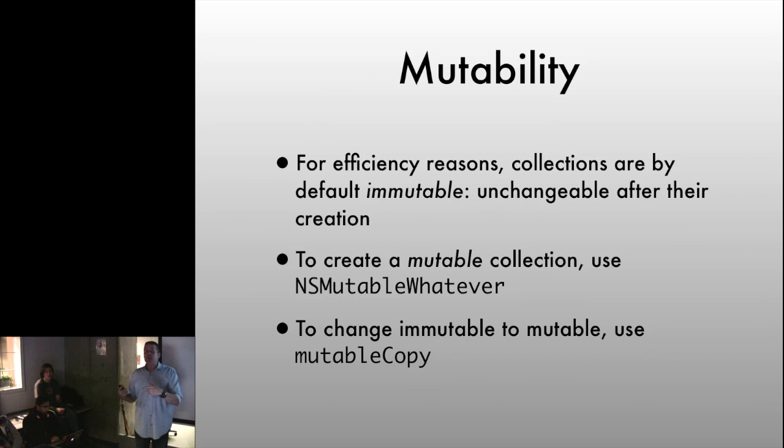You can, quote unquote, convert an immutable collection into a mutable collection by using mutable copy. Mutable copy is the message that you pass to the immutable collection, and you get back a copy of a mutable collection.